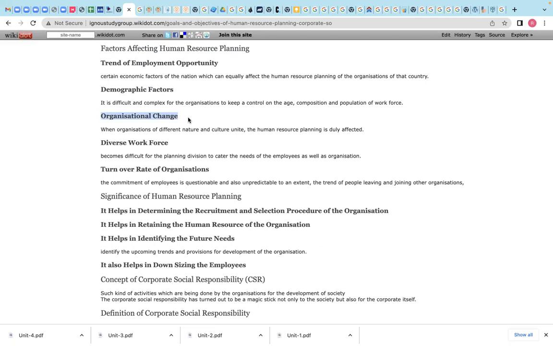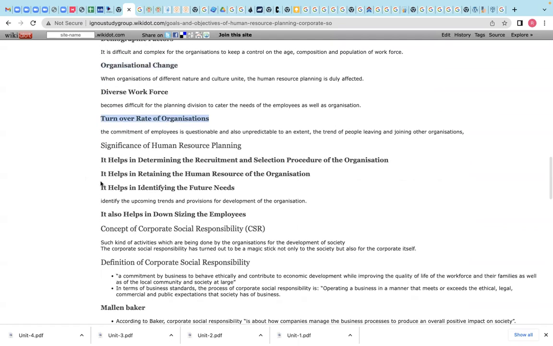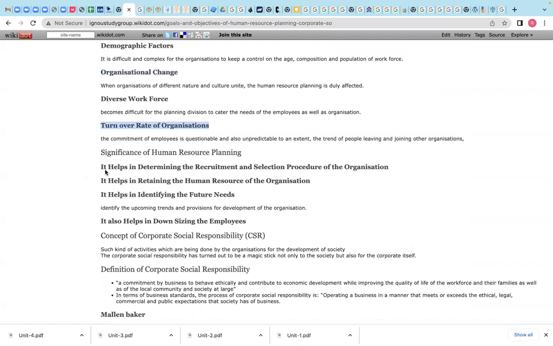So next is organizational change. Any cultural aspects which are being changed could actually pose a challenge. Diverse workforce. Okay, so if you have a diverse workforce, we talked about a lot of challenges which a diverse workforce really brings onto the table, right? Turnover rate of employees. So let's say suddenly attrition increased, people started leaving.